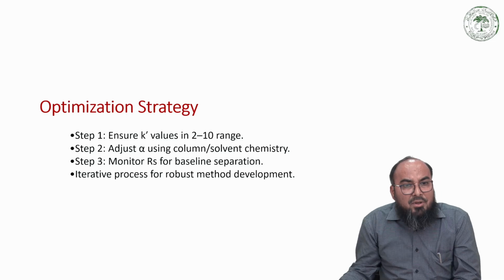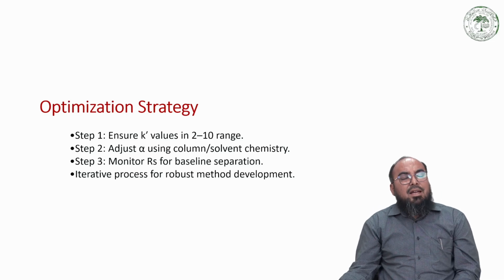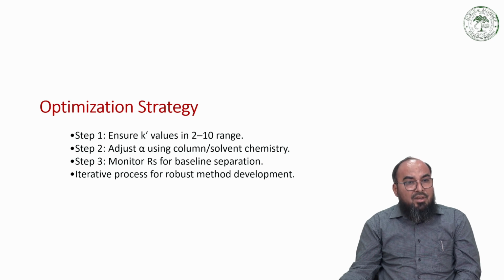So what is the optimization strategy? How can we have good results from the column, or how can we have effective column separation? Number one, we have to ensure the retention factor ranges between 2 to 10. We have to adjust the selectivity factor according to the column and the solvent with regard to polarity.